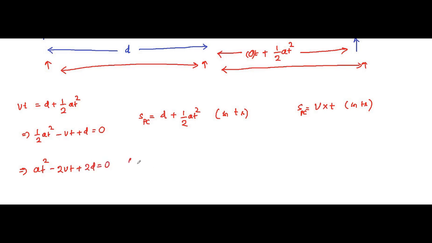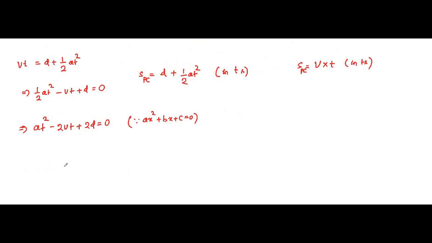So it is in the form of ax square plus bx plus c equals to 0. So we have to solve for x. So here we will be solving for t, because that is the parameter which we want to determine. So it will be t is equal to minus b, we know that x is equal to minus b plus minus root over of b square minus 4ac by 2a.